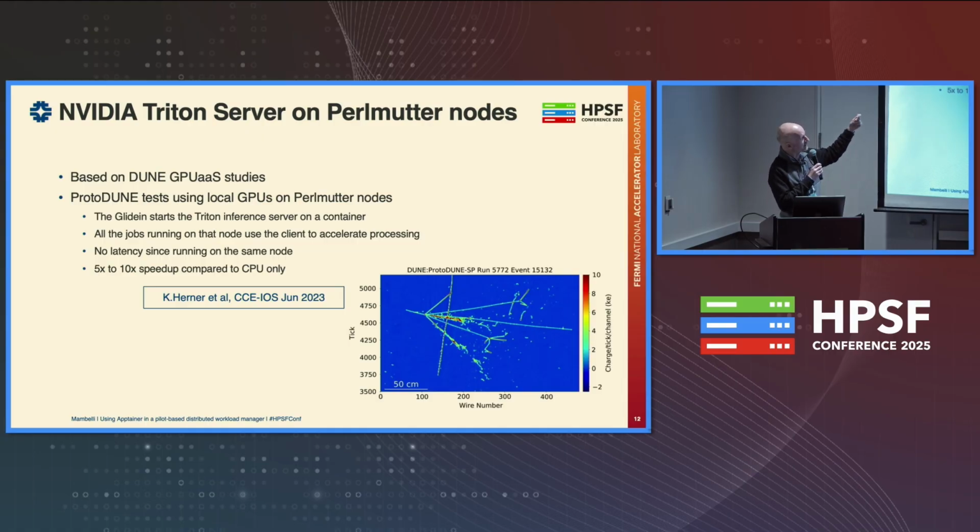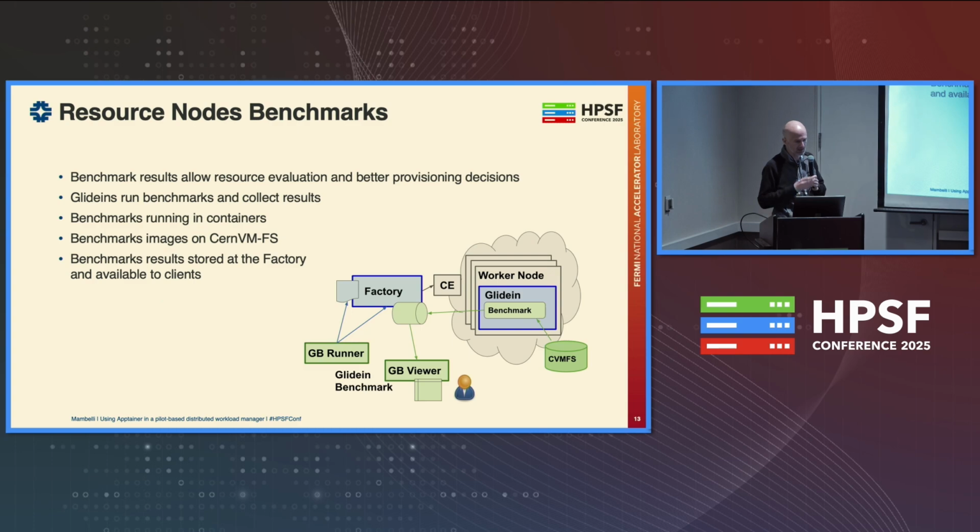On Perlmutter, there are many CPUs on the nodes, and many jobs can run in parallel within the same Glidein. What we did is that the Glidein starts first the NVIDIA Triton server, and then all the jobs with the client connect to the same server, and they are able to share that, and they get a good speedup on the jobs running there. Future work is to share it also across nodes, which will add some latency. We didn't work on that yet.